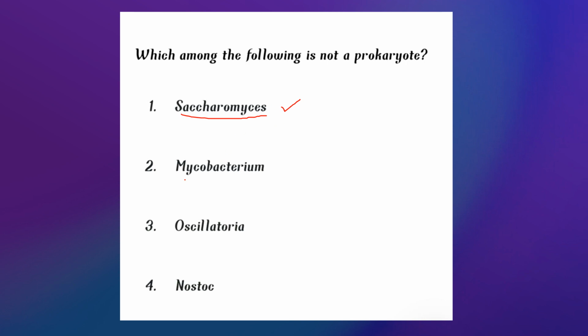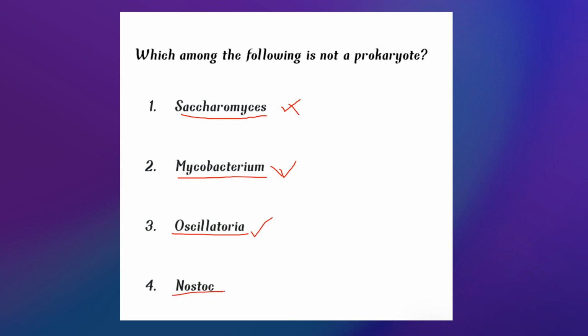Got it? Then Mycobacterium. Mycobacterium is a prokaryote, yes or no? Then Oscillatoria, this is also a prokaryote.